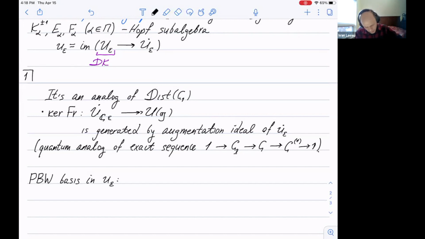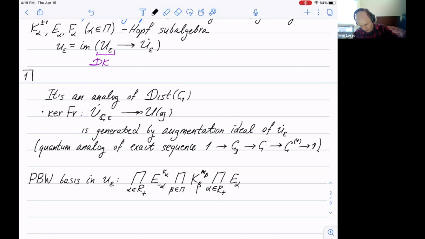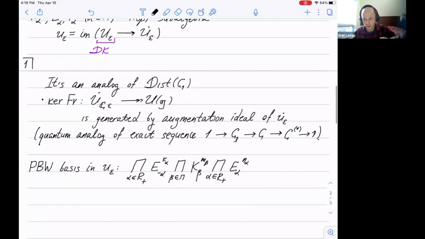Namely, what you get is like this: negative root vectors times the product of generators K to the power m_beta, and then the product of positive root generators, where the bounds on these exponents are the following.